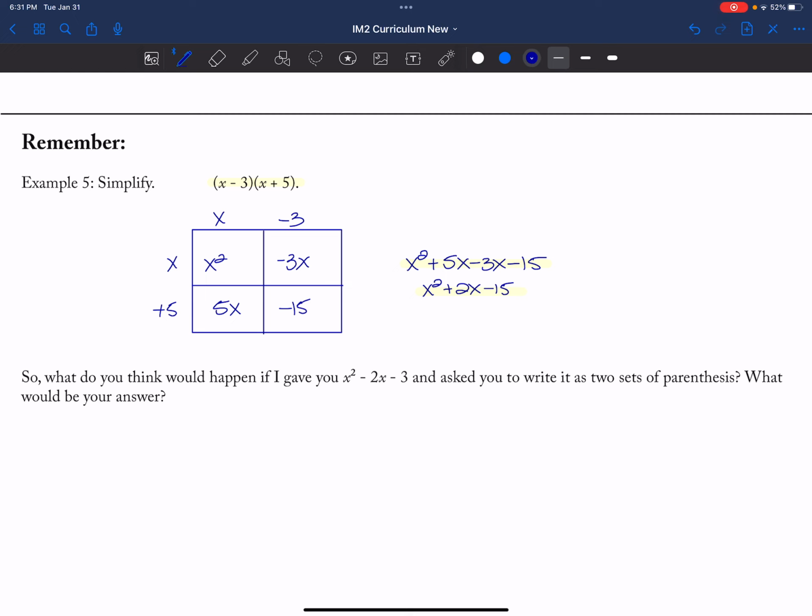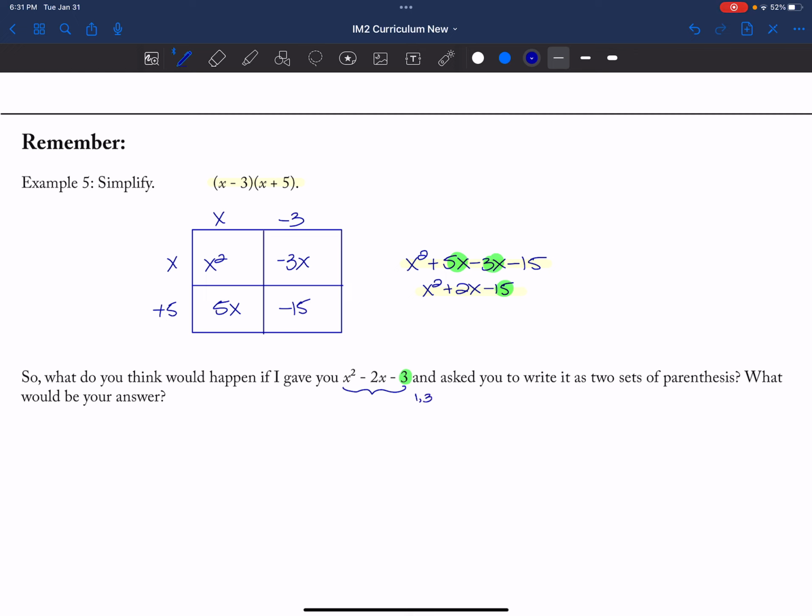Okay, so if I were to do this equation here, what you notice is that in my first example, my 5x and my negative 3x, 5 and 3 are factors of 15. So I'm going to find factors of 3, which are 1 and 3.